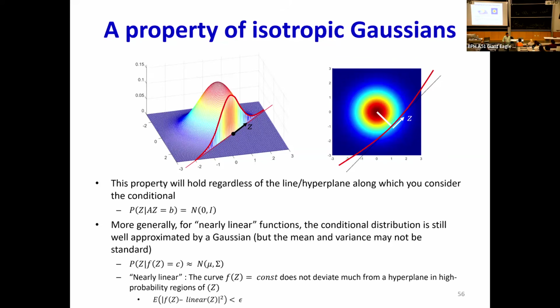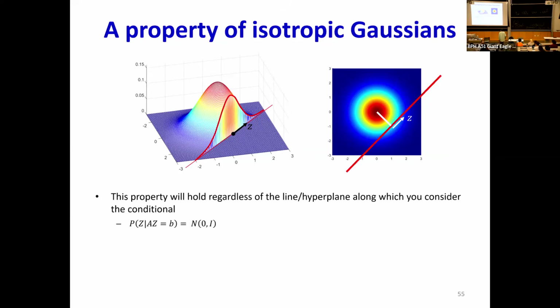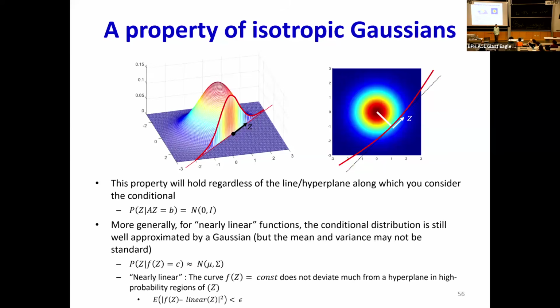That making sense to you guys, right? The only difference is that if I choose a plane, this Gaussian is going to be zero mean, unit variance. If I choose a mildly curved surface, the distribution on that is going to be almost Gaussian, but the mean won't be 0 and the variance won't be 1. Right? That making sense?